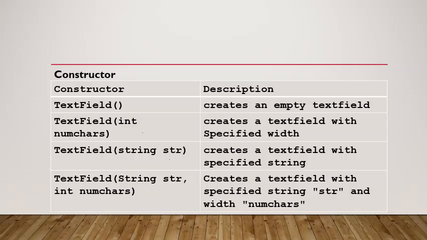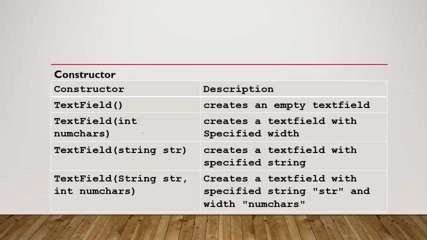Can you guess what the methods of the text field are, as it's related to text? setText and getText are the main methods. Other methods are setEditable, true or false. Then maybe one more important one is setEchoChar.